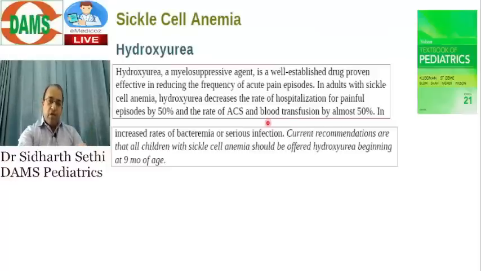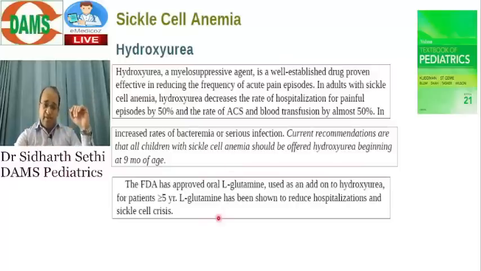Nelson says that every patient of sickle cell anemia more than 9 months should get hydroxyurea. Simple. Nelson's textbook also says that the US FDA has approved L-glutamine as an add-on agent for children more than 5 years. So children more than 5 years, they add on glutamine to hydroxyurea.